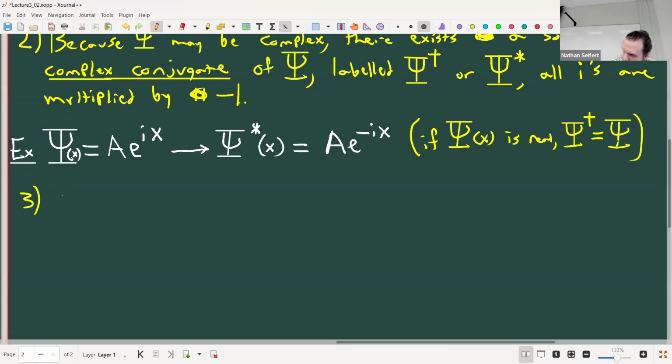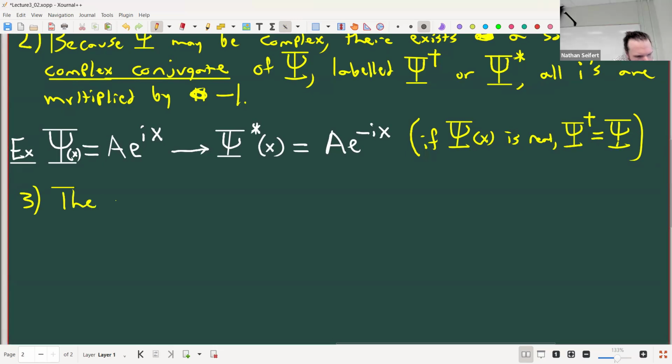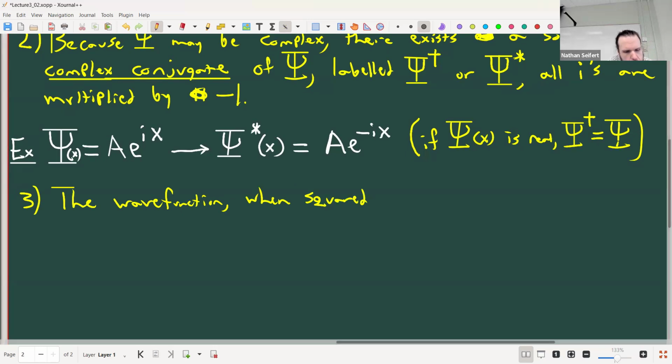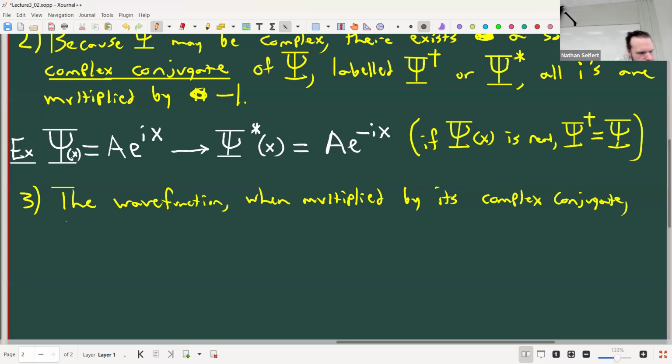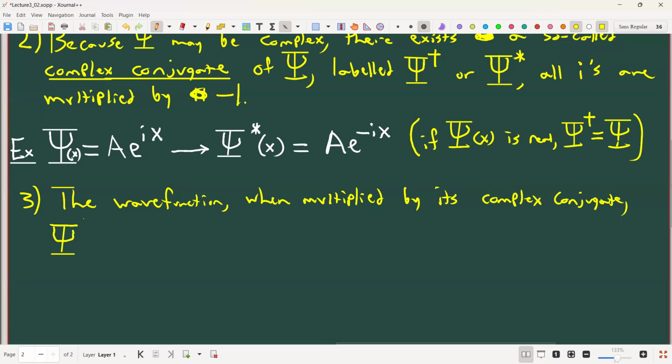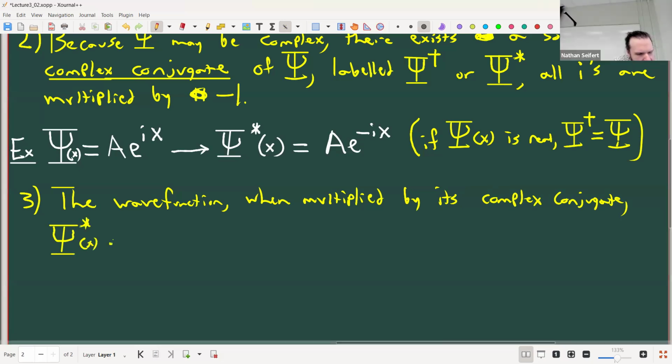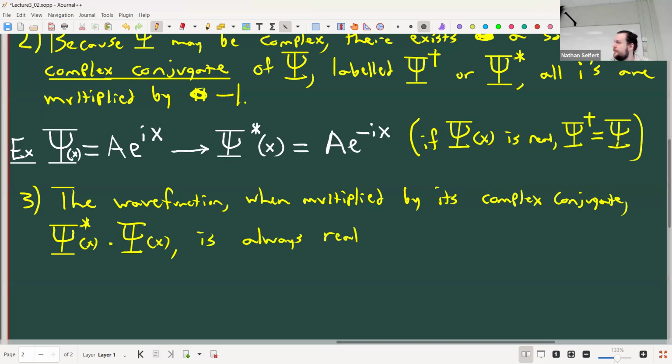Number 3: the wave function, when multiplied by its complex conjugate, so that would look something like psi star of x times psi of x, is always real. And I'll prove that to you in just a second.